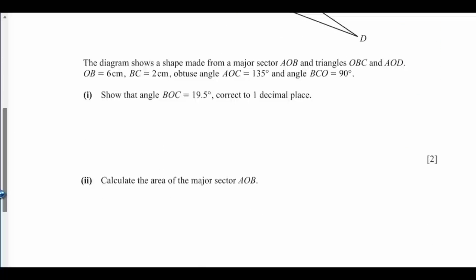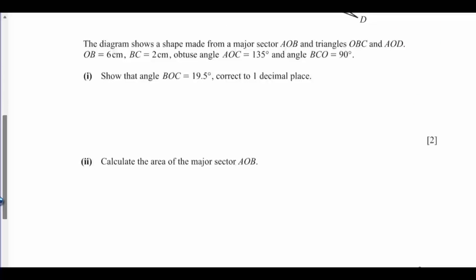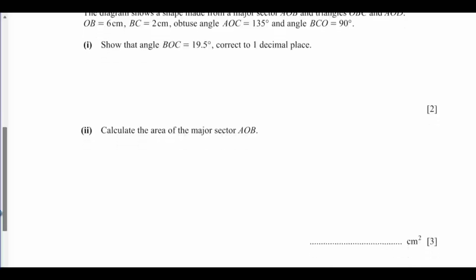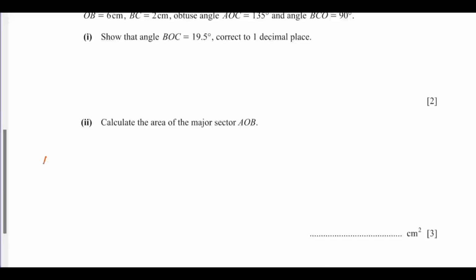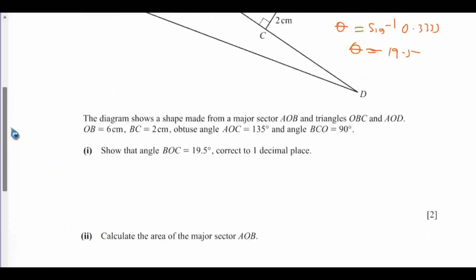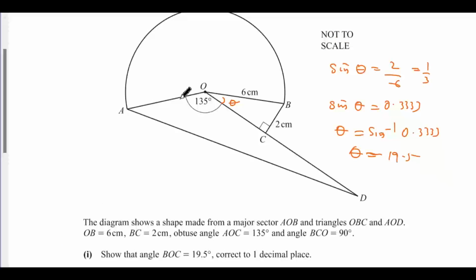Part 2: calculate the area of the major sector. The area of the major sector uses this reflex angle here. Don't forget that we have found the value of theta, which is 19.5 degrees.